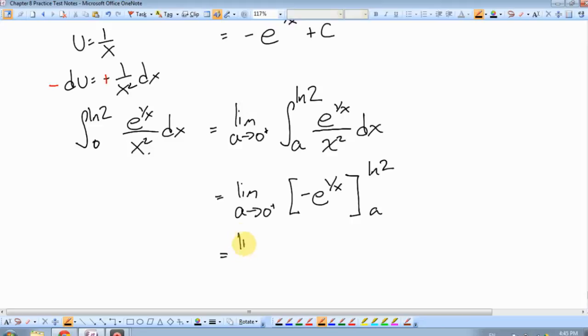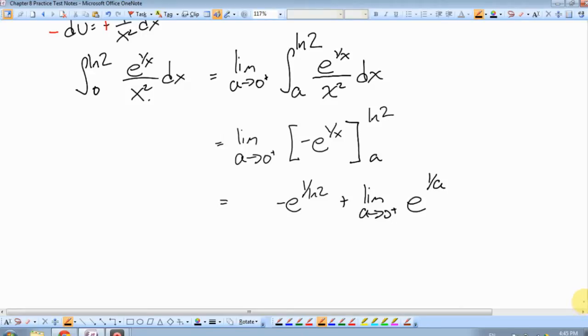We're taking the limit as a approaches 0 from the right of negative e to the 1 over natural log 2. No, we don't need that there. Plus the limit as a approaches 0 from the right of e to the 1 over a.